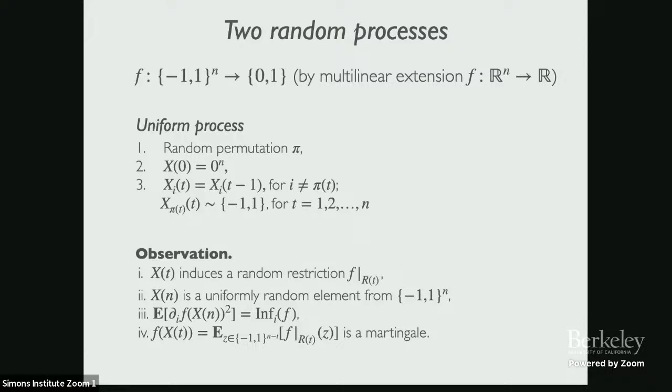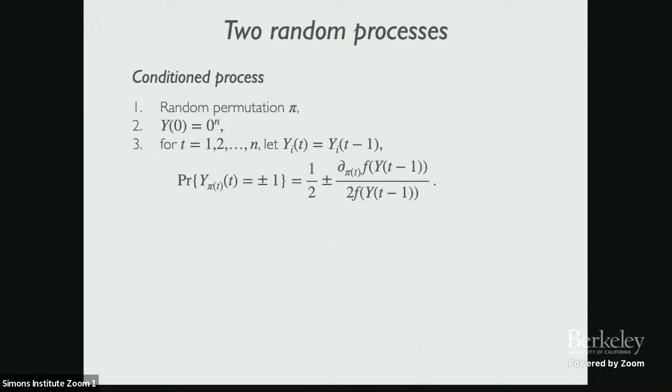Okay. And maybe the fourth observation is that if you consider time t running from 0, 1, 2, and evaluate our function f at xt, then what we get is a martingale. This is also a simple fact from the multilinearity of our function f. Sure.